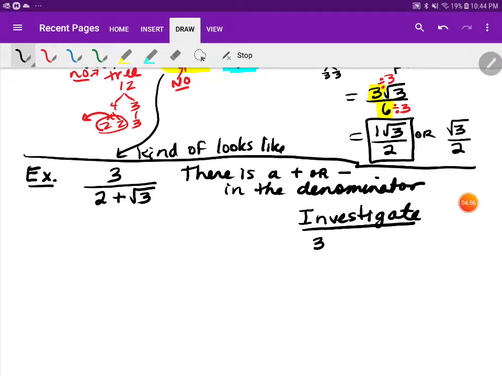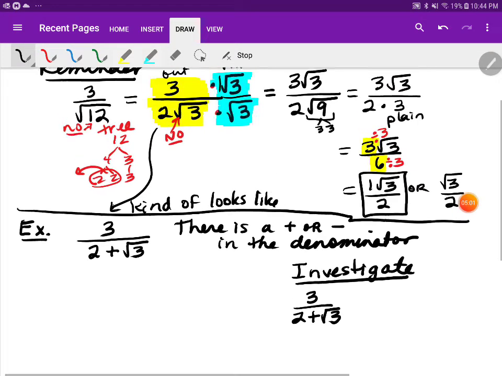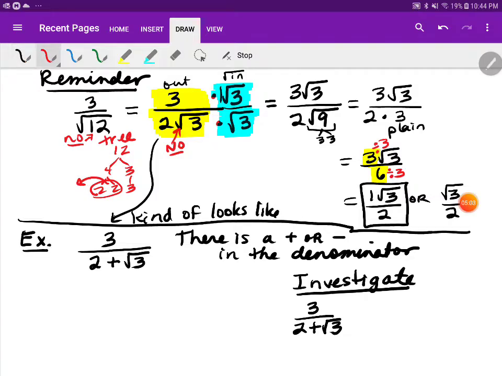So let's see what happens if we tried to do the same thing that we did in the problem above. What did we do? We said we don't like the radical here. So we said we could multiply by radical 3, radical 3. The only issue with this one is this radical 3 has to multiply by both things in the denominator.